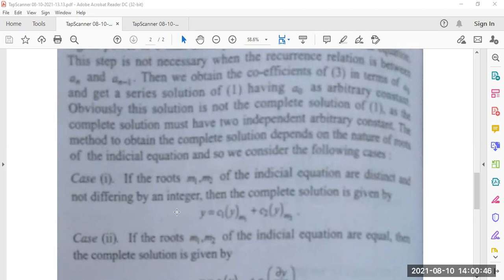That means both of the roots cannot be integers, because the difference between any two integers is an integer. So one root is an integer, another root must be a fraction. Then the difference between them will not be an integer. Is it clear?